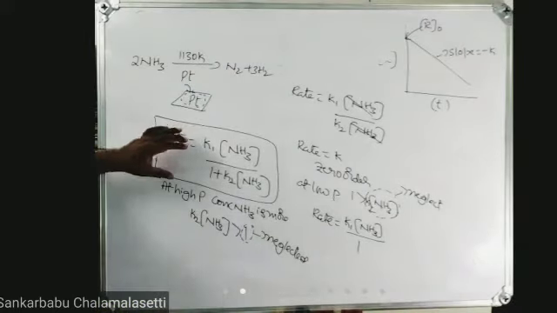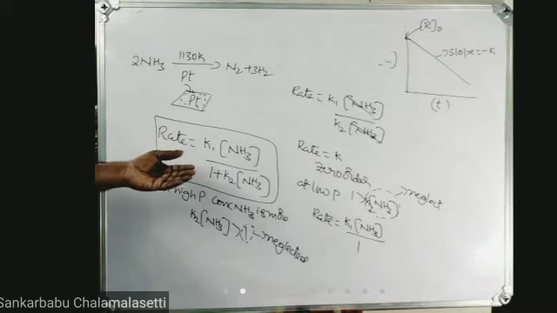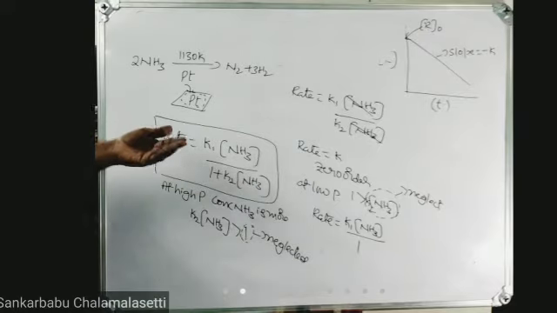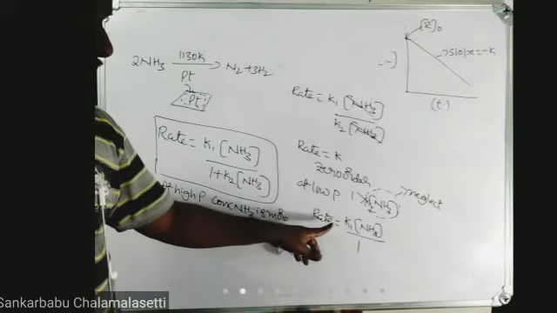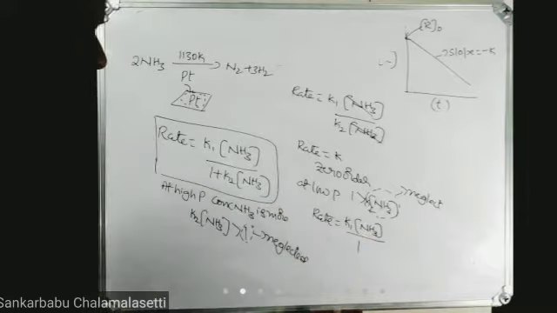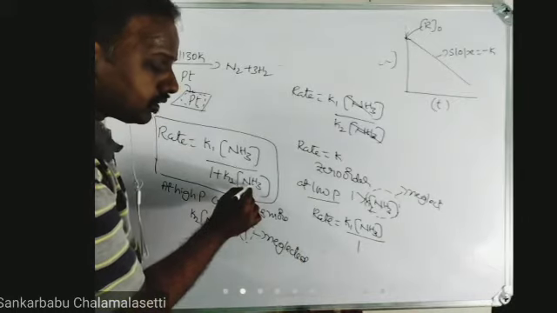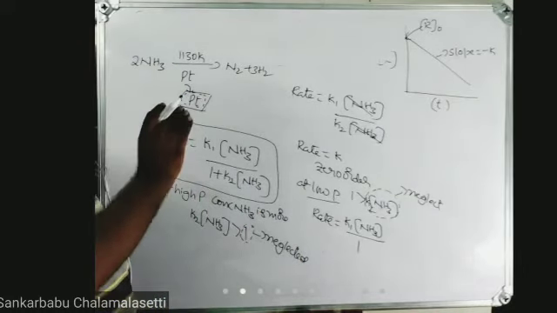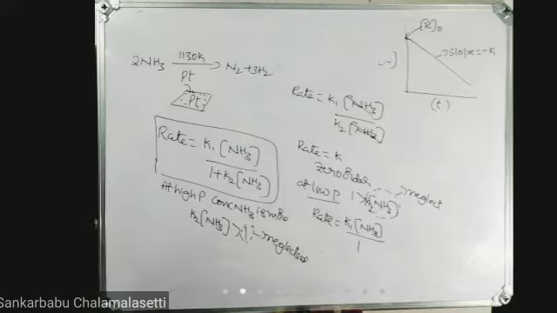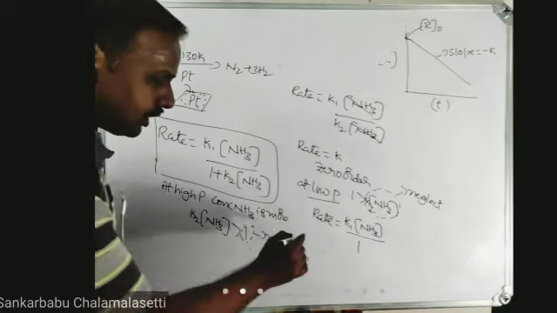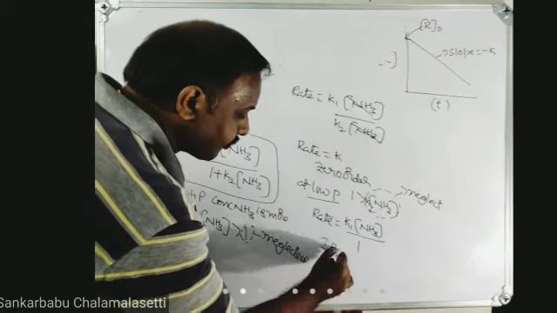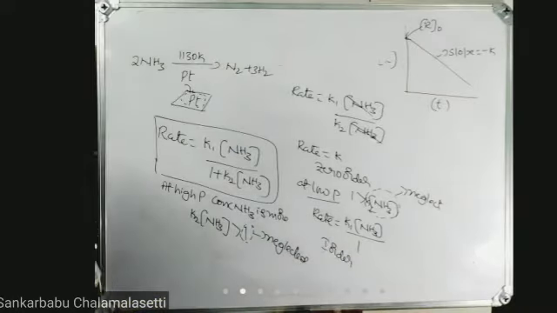At low pressure, it is modified to this form: rate is equal to K into NH3. At this stage, at low pressure, at low concentration of ammonia on the surface of the platinum, it is first order. This is an important point regarding decomposition of ammonia on the surface of platinum.